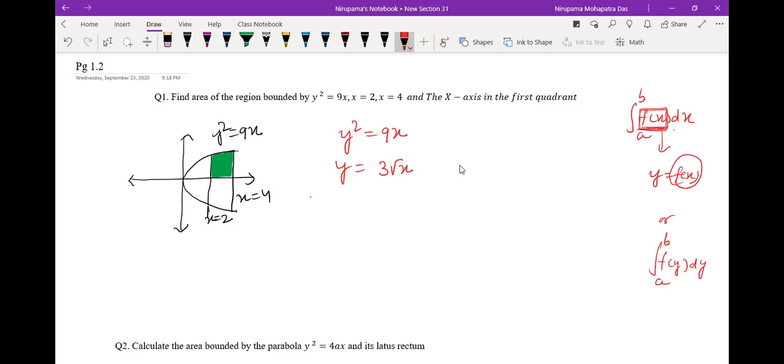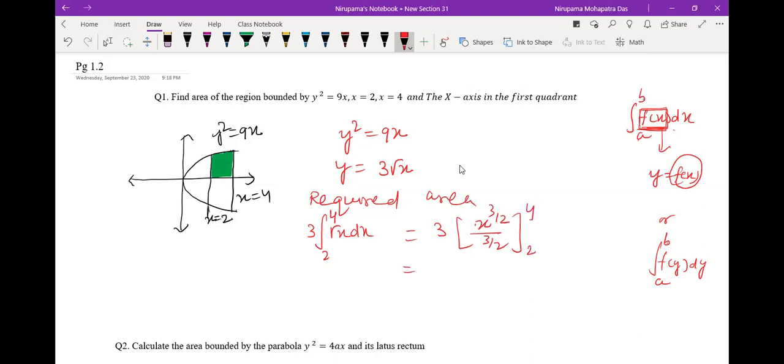Now the required area is the integral from 2 to 4 of y of the parabola, meaning 3 root x dx. So you can take 3 times x to the power 3 by 2 divided by 3 by 2, from 2 to 4.